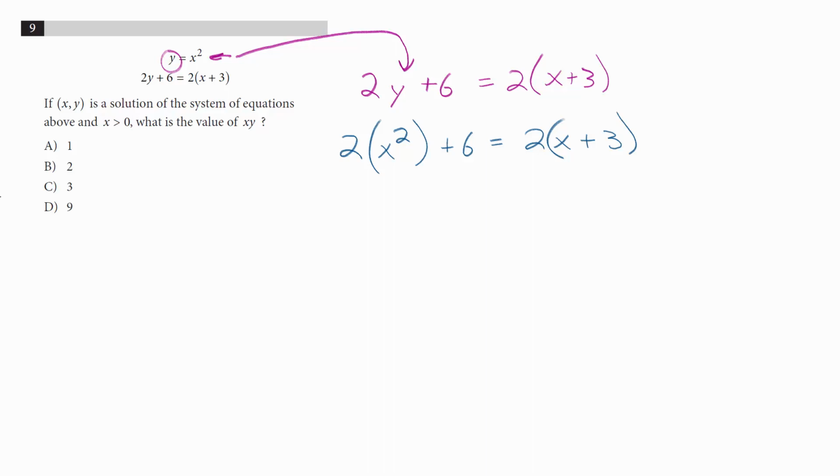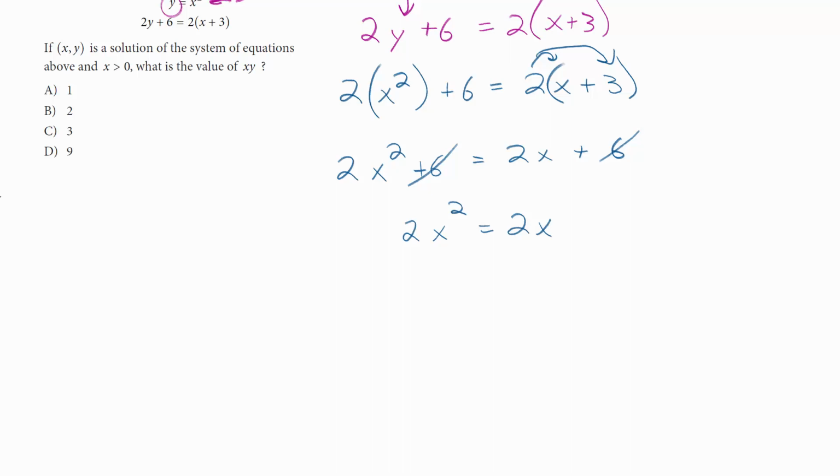So let's expand everything and solve the equation. 2x squared plus 6 is equal to 2x plus 6. On both sides of the equation we have a 6, so those can cancel, so we're left with 2x squared is equal to 2x.